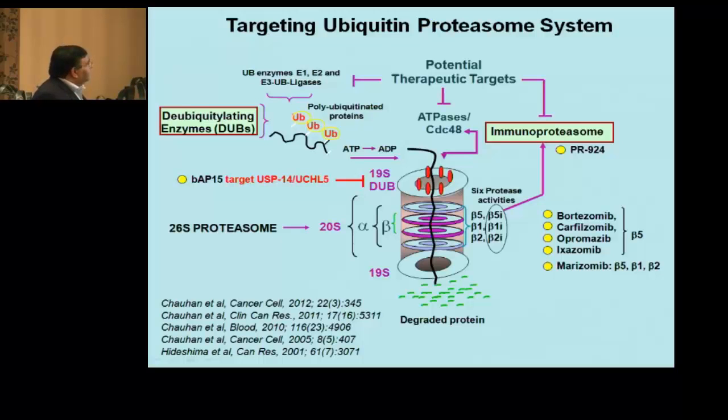So the take-home message is very simple: we have a novel agent that, by virtue of its ability to block the 19S DUBs, can block the overall proteasome function without affecting the proteolytic activity. Now, this has a significance.